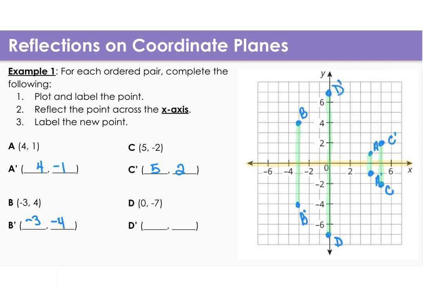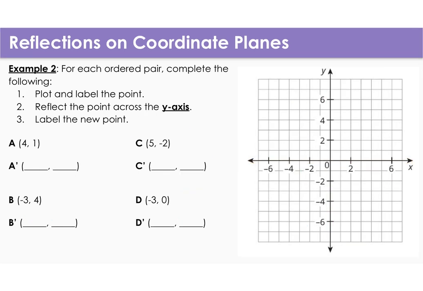And if we were to label that, our x would stay the same and our y would become the opposite, or positive. So refer back. Let's just look at C. What happened to C? My x value stayed the same and my y value became the opposite.